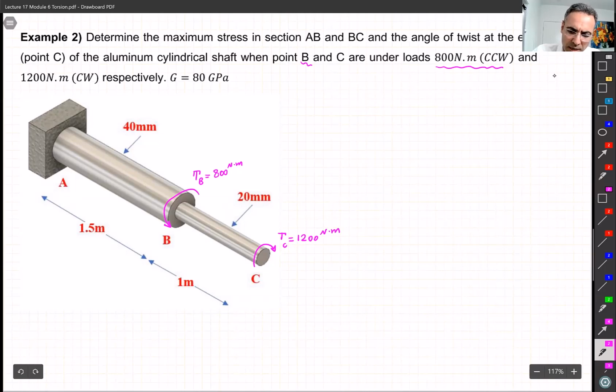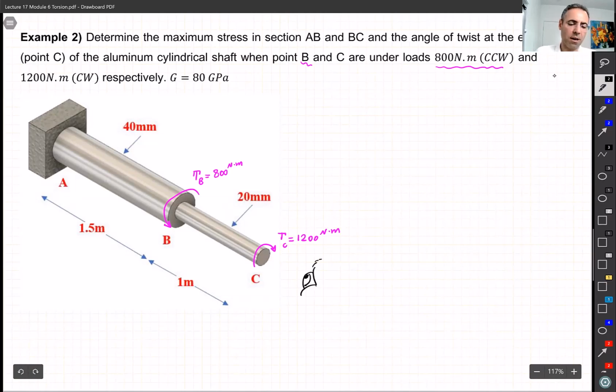And again, don't forget, we always look from the free end of the shaft. Like here, I stand over here. Imagine this is my eye, and I look at that. So TC is clockwise, the question says clockwise, and TB is counterclockwise, 800 Newton meters, right?